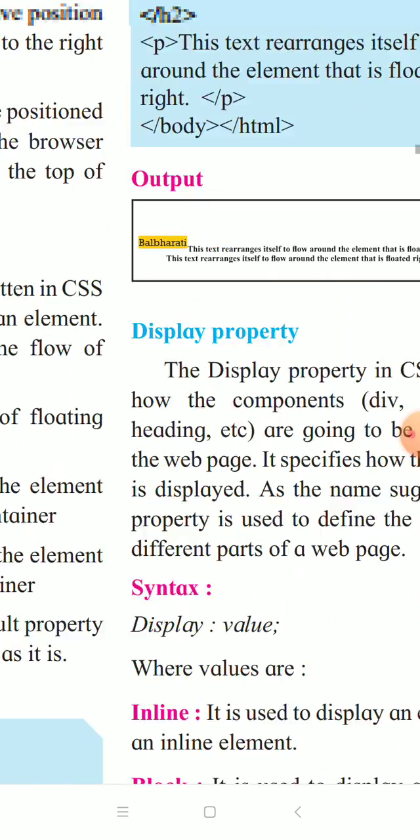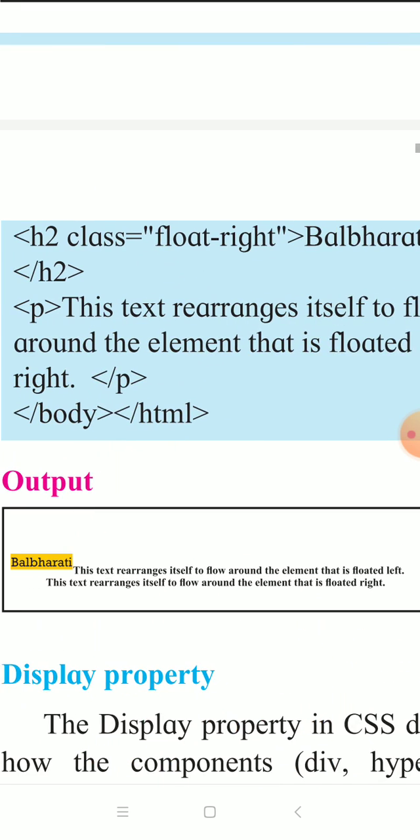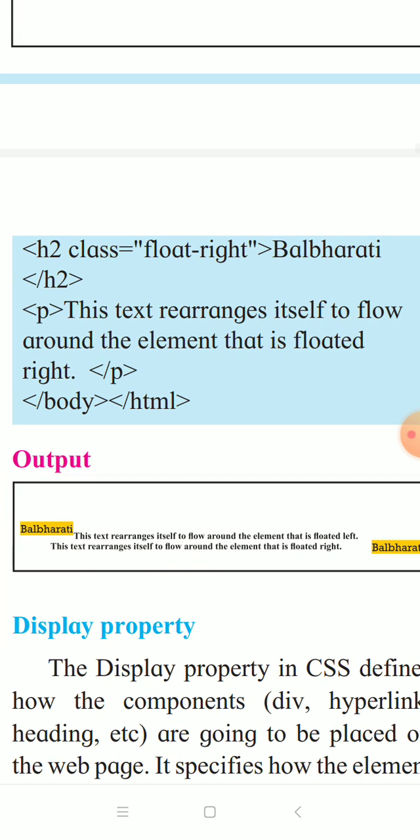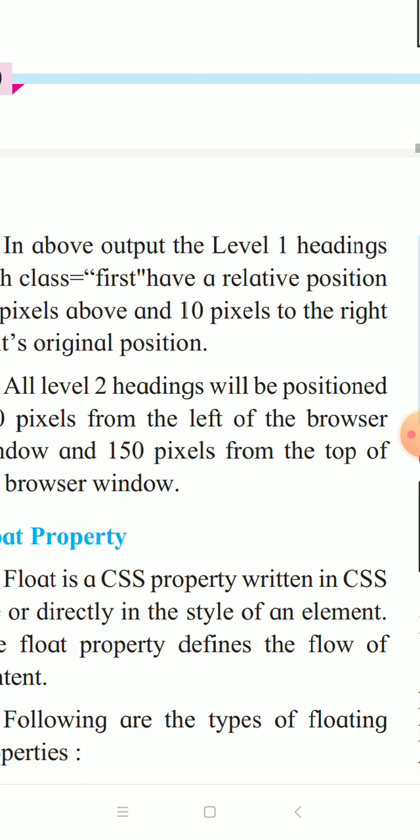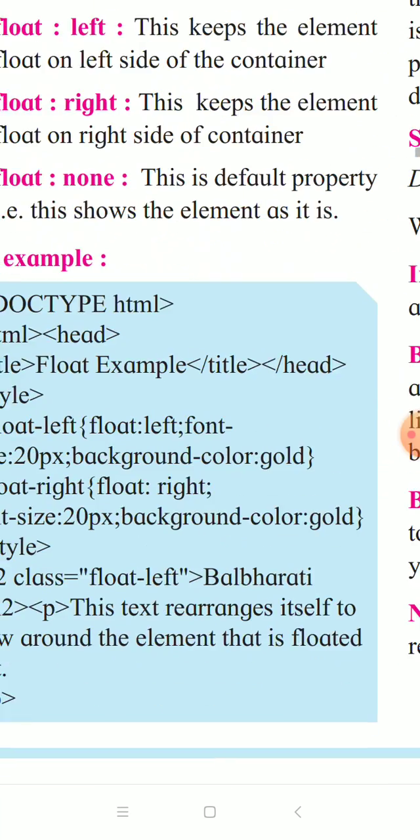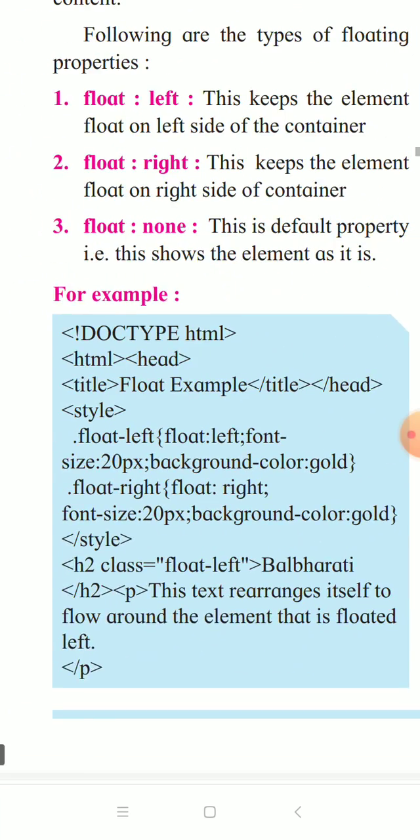Next here again program is remaining. See here, next h2 tag. For h2 tag here see class is equal to float right means the included text here, Bal Bharti. For Bal Bharti the CSS property here, see for class float right background, it is display float is right means that Bal Bharti should display on right side.